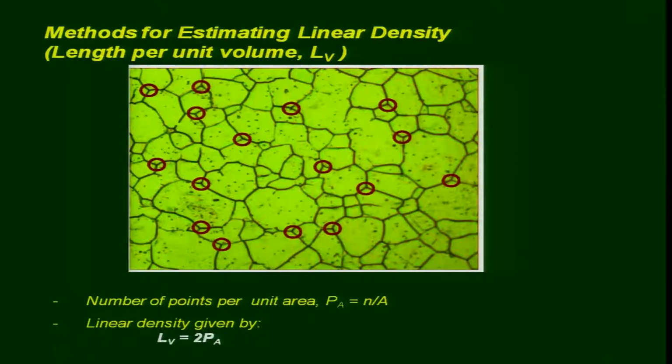Again, this can be implemented very easily, and a large area of the sample can be covered, giving us a good estimate of the linear density of triple edges. Again, you can see that the units on the left and the right match. This is essential to make sure that our relationship is correct.